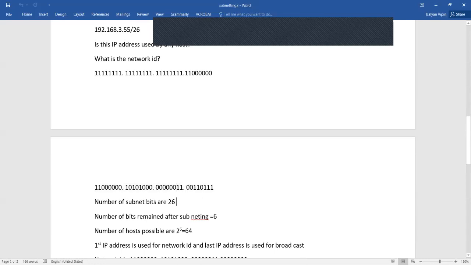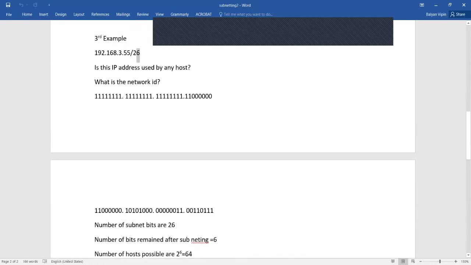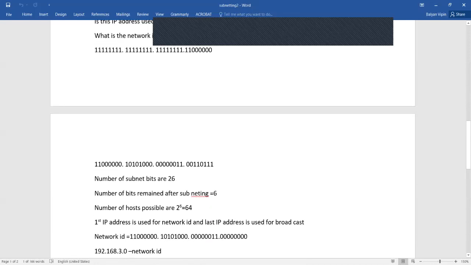There is another way of looking at it: if subnet bits are 26, the number of bits remaining after subnetting is equal to 6. There are a total of 32 bits, and 6 bits are used by the host.